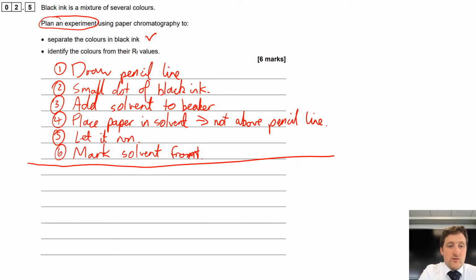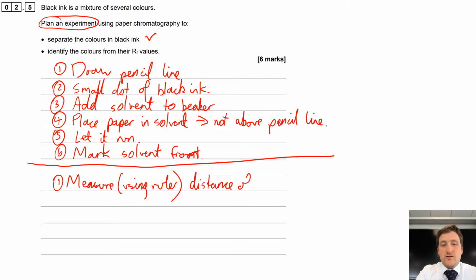Okay, so our next bit is we measure, and again we're going to say equipment, so we measure using a ruler the distance of what? Of all the spots and the solvent. So we're going to measure both of those.